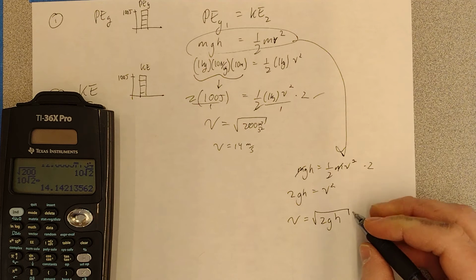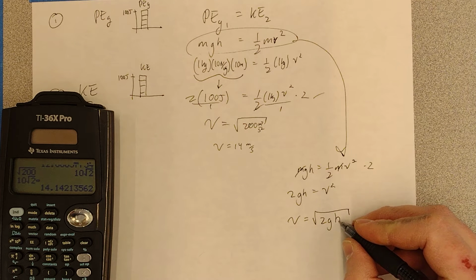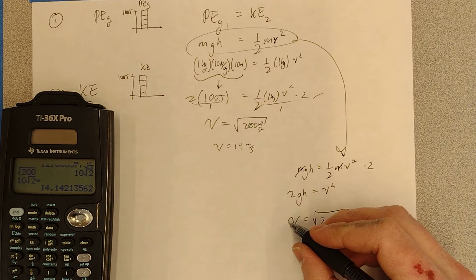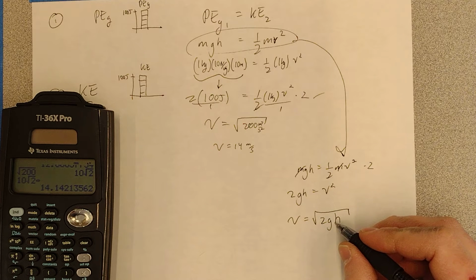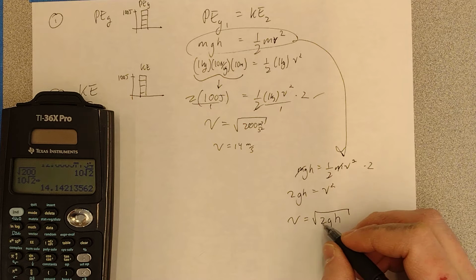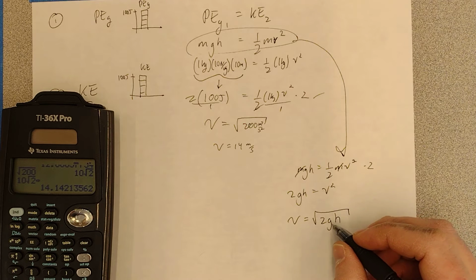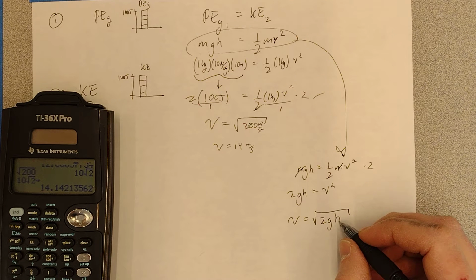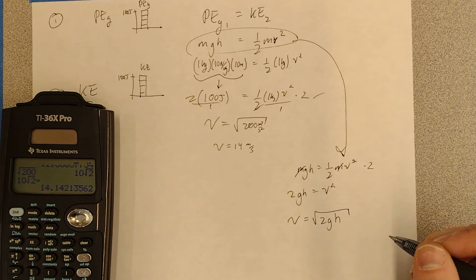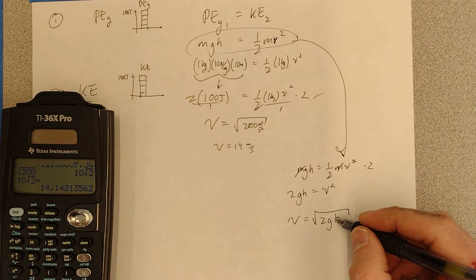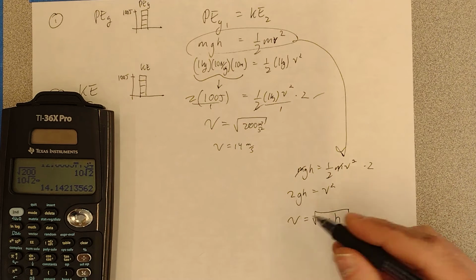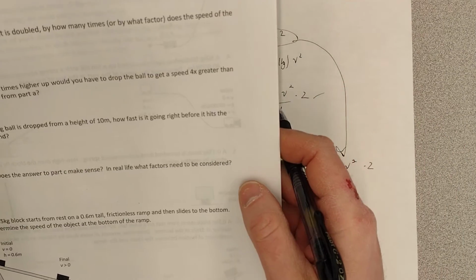Because the h is under the radical, if you double the height, you don't actually double the velocity. If you double the height, you actually only increase the velocity by radical 2. You'd actually have to quadruple the height to double the velocity. It would be 4h, radical 4 is 2, you end up with twice the velocity.